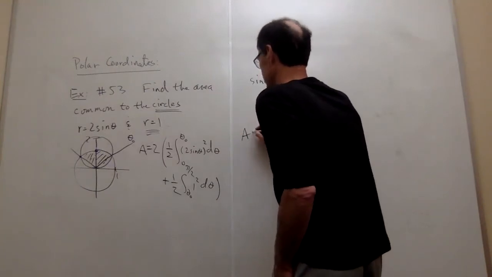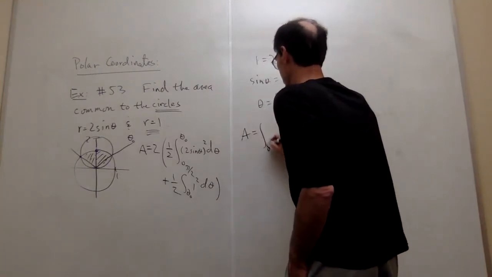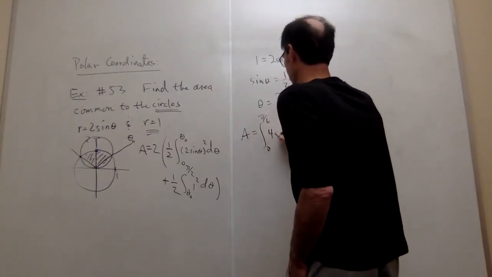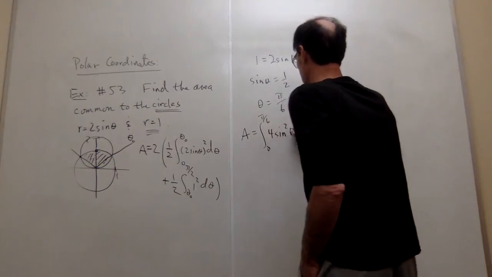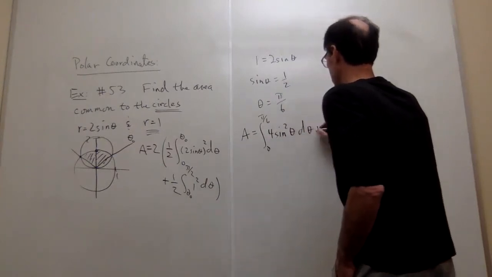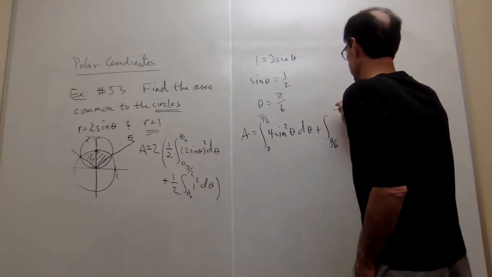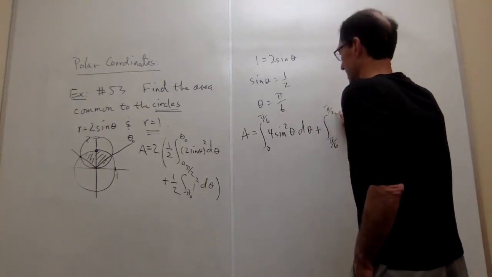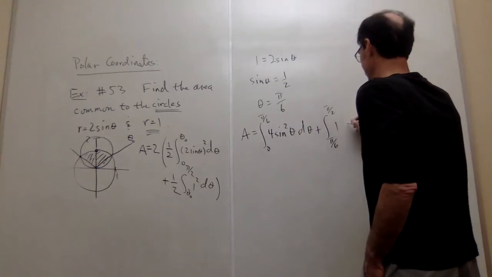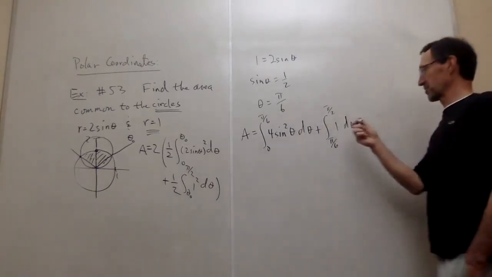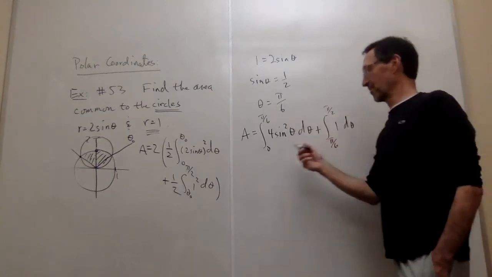So I get the area is equal to the integral from 0 to pi over 6 of 4 sine squared theta plus the integral from pi over 6 to pi over 2 of 1 d theta. So we get the trivial integral and we get one we need to work on a little bit.